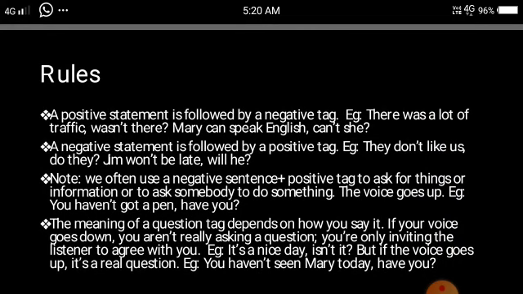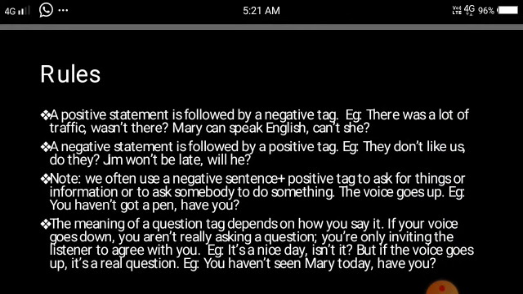Is becomes negative. See this, it is very cold is a positive statement, and when you want to ask a question, when you want somebody to agree with what you are saying, then you use the negative tag isn't it.